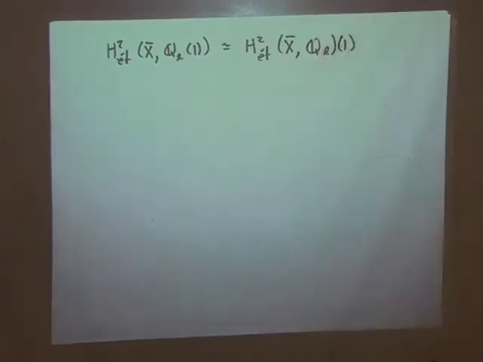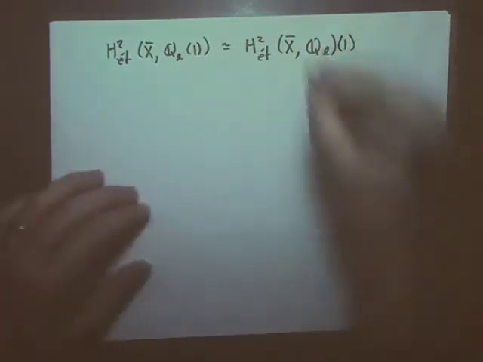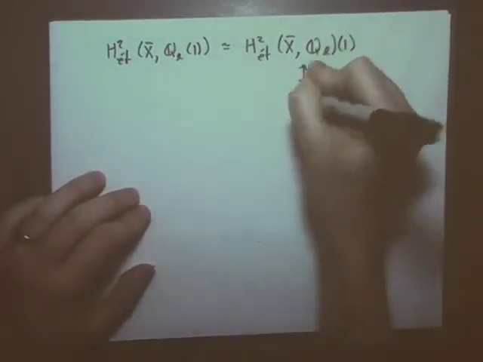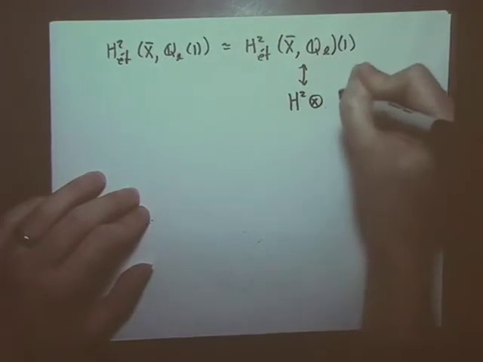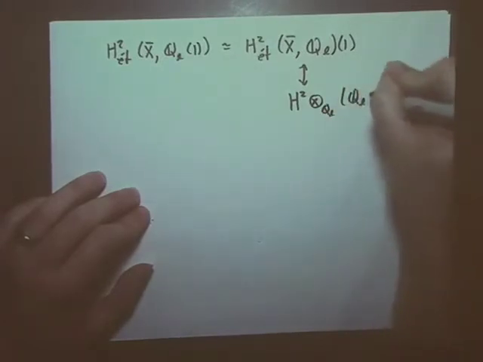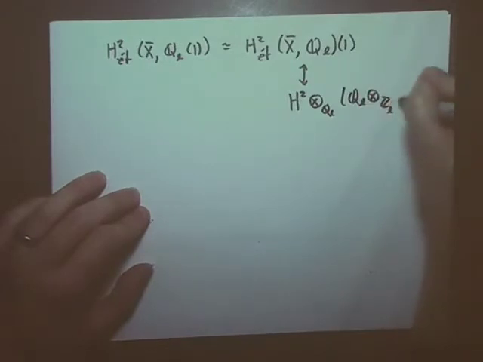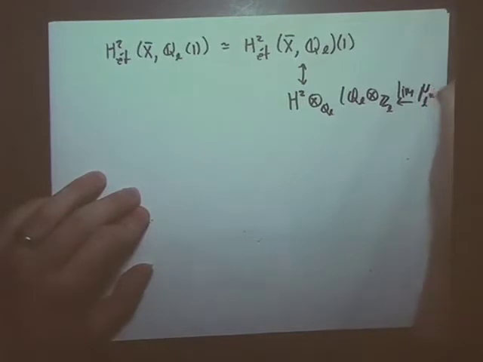So I'm sort of taking this twist outside, and by this I sort of mean the original H2 tensored over Q_L with Q_L tensored over Z_L with the inverse limit of these μ_L^n's.